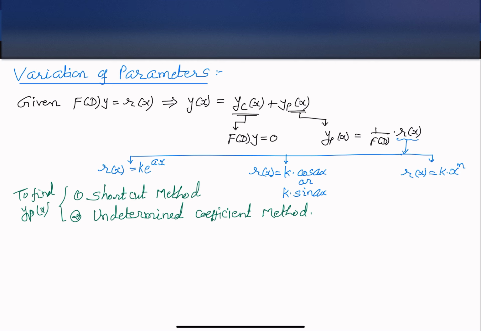So in the variation of parameters method, here I am considering the differential equation of order 2 only. What is the order of this differential equation? Order is 2. Only for this order, right now we are discussing variation of parameters.